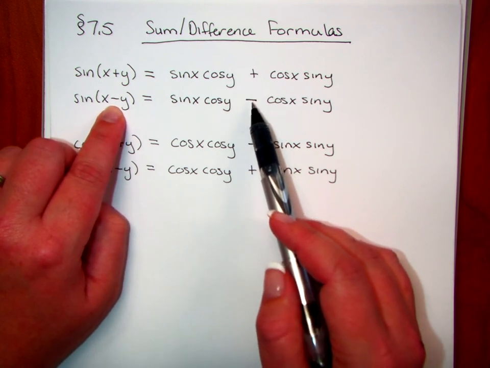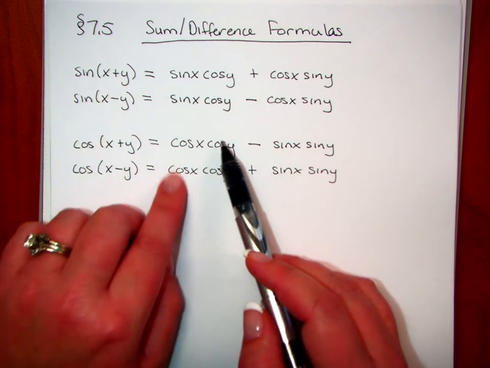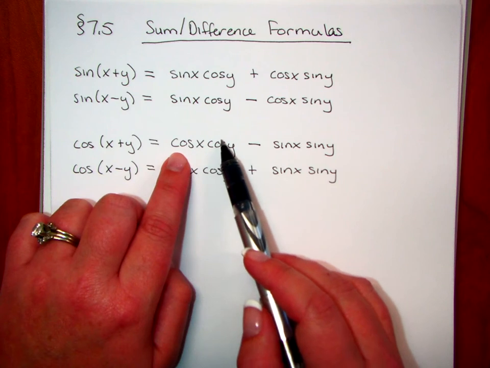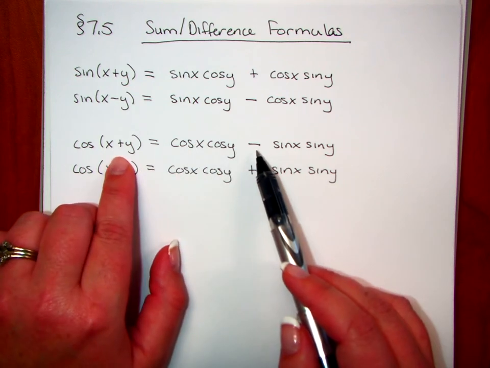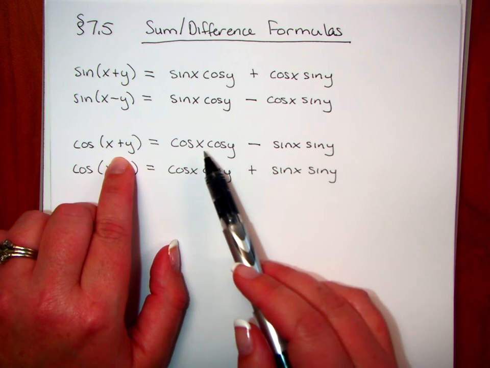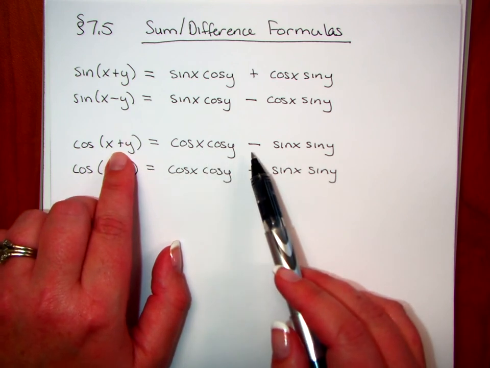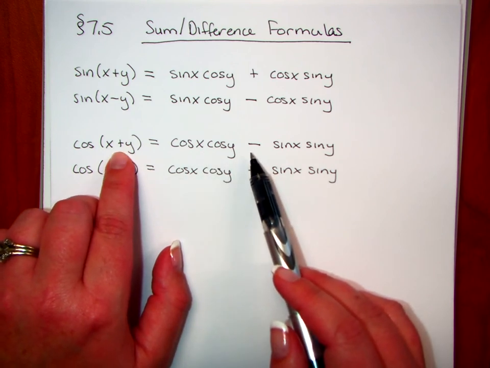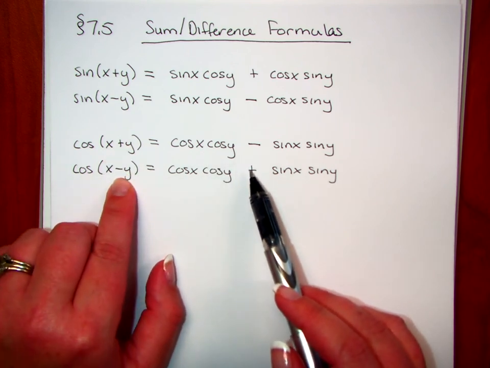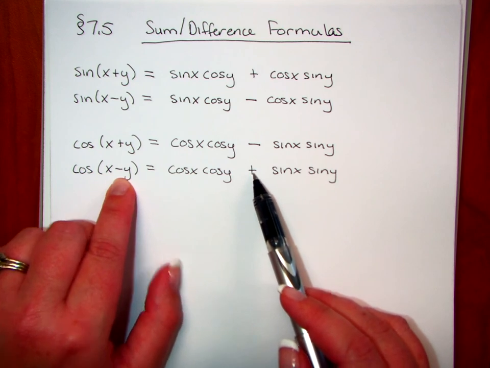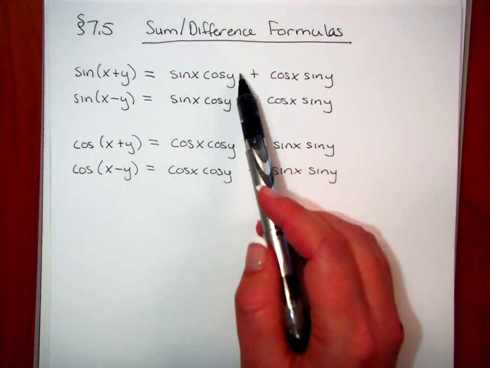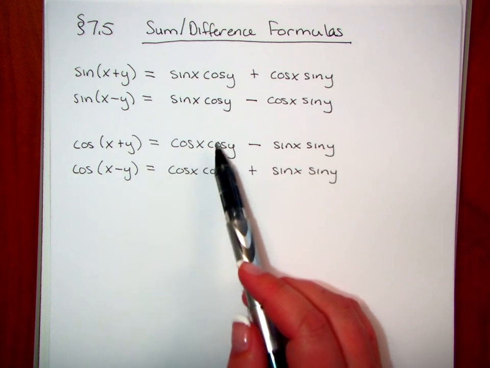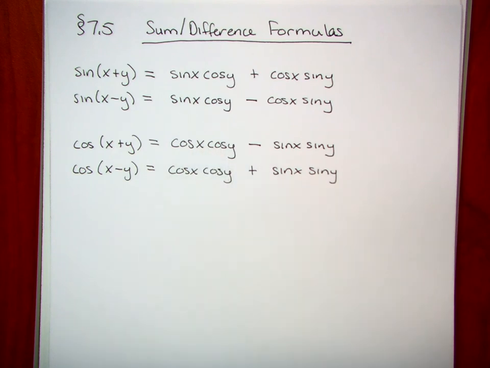The SIGN is the same here, okay? Now, on cosine, when the terms have the same trig function, the sign in between is opposite, right? So the sum for a cosine is minus, and the difference for a cosine is plus. And that helps me out a lot, okay? The terms are mixed, the signs are the same; the terms are the same, and the signs are opposite.